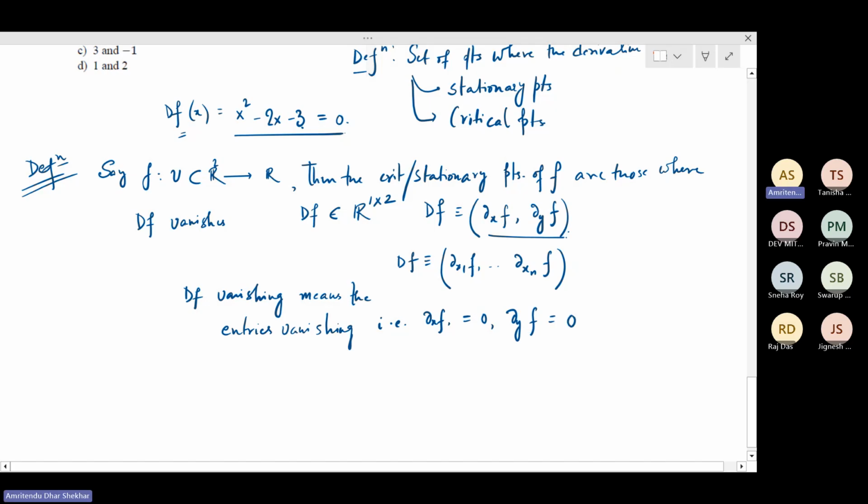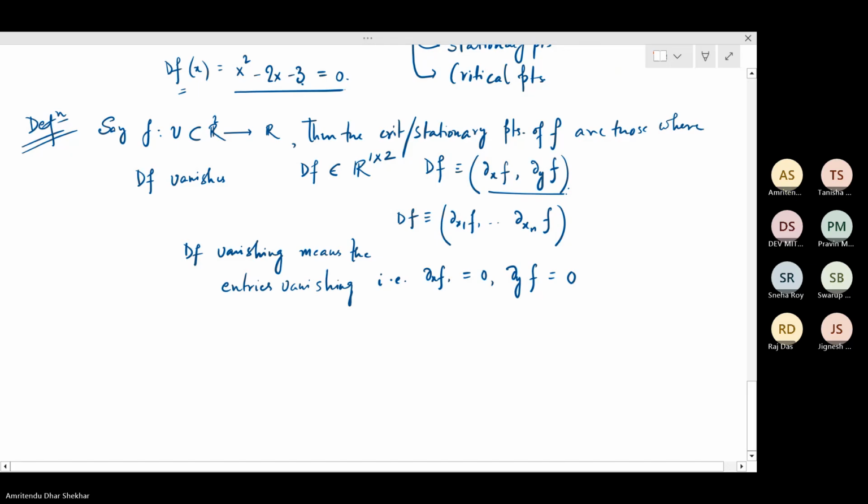So the set of points x and y where del x of f and del y of f are both equal to 0. We write it in set theoretic notation: the set of points x comma y such that del f by del x and del f by del y are both equal to 0 is the set of critical points or stationary points.